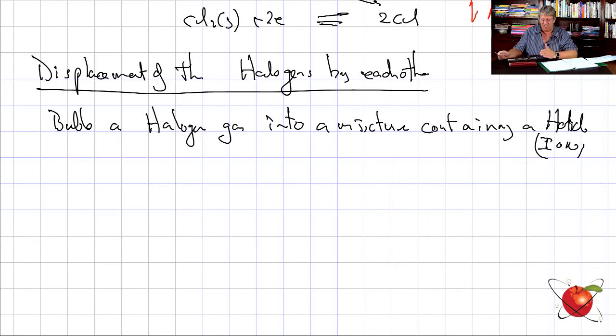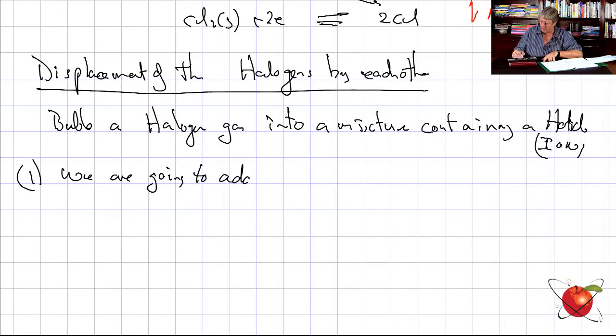It's a -1. So let us say we add, okay, let's first of all say we are going to put fluorine gas. We're going to say number 1, we are going to bubble or add F2 gas to a solution of NaCl.